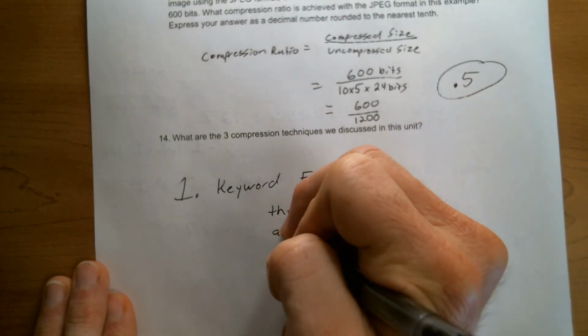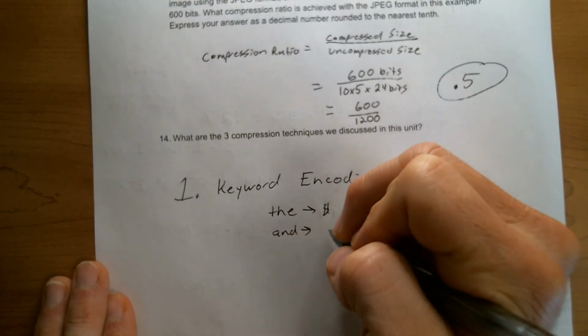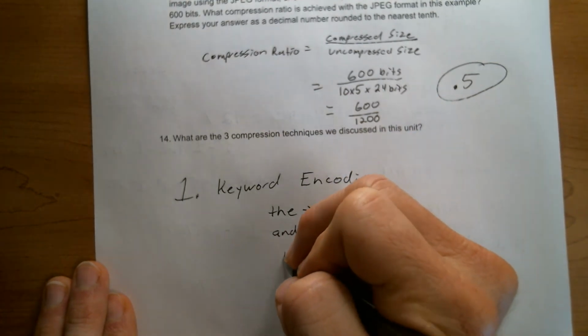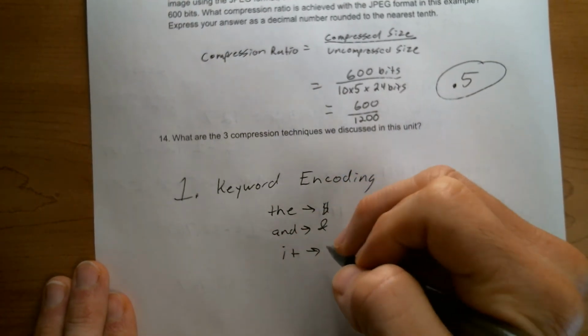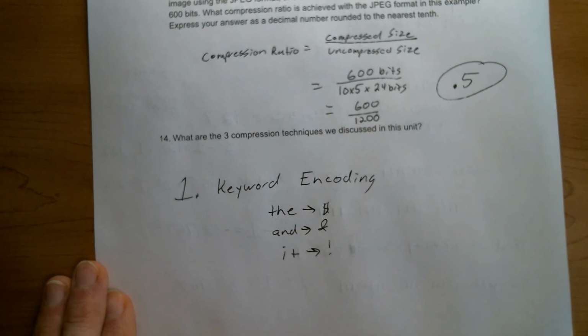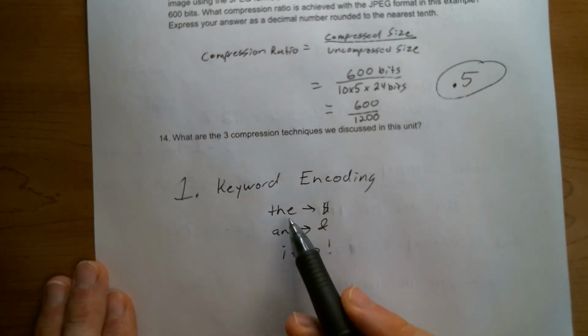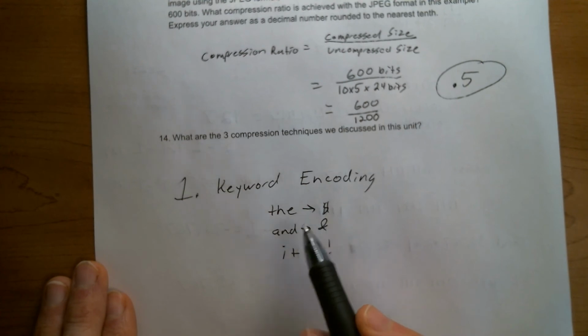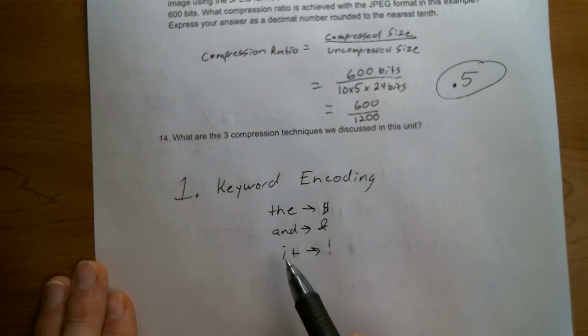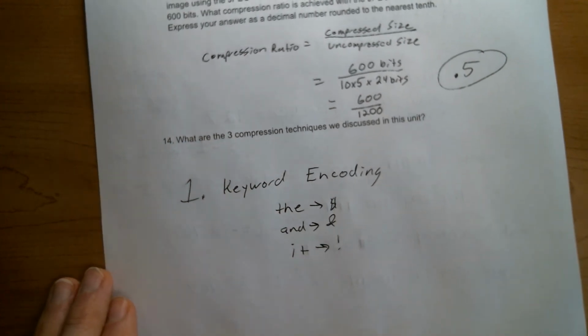And whenever we see the word and, we're going to use an ampersand. And whenever we see the word it, we're going to use an exclamation point. Then you would go through the text and replace those words with symbols and save space that way, because instead of using 3 characters, you only are using 1. Instead of using 2, you're using 1. That's keyword encoding.